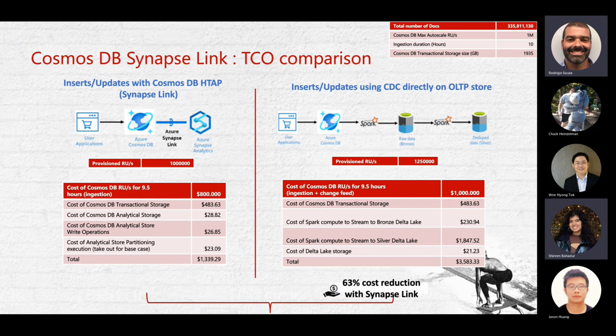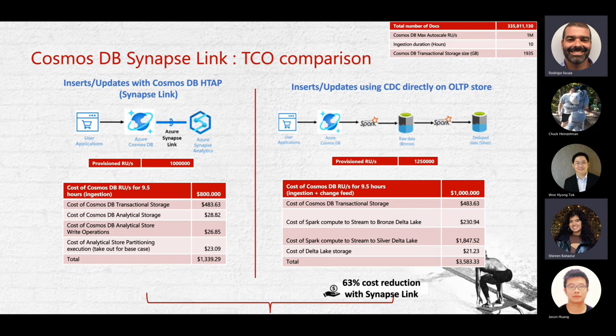On the right, to do exactly the same thing without Synapse Link, but using Spark, customers would have to spend something like $3,583 to do exactly the same pre-processing and generate golden records for this hypothetical retail scenario. So in summary, that's a 63% cost reduction with Synapse Link to do exactly the same thing.